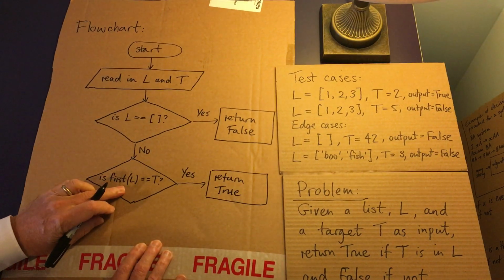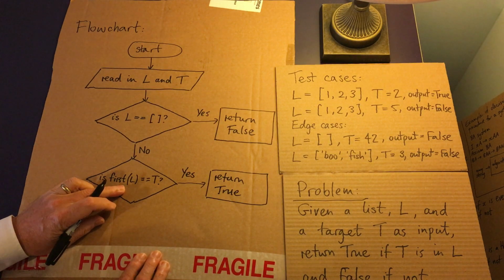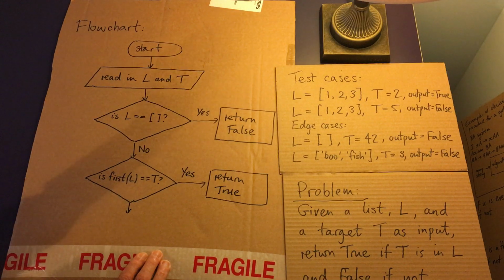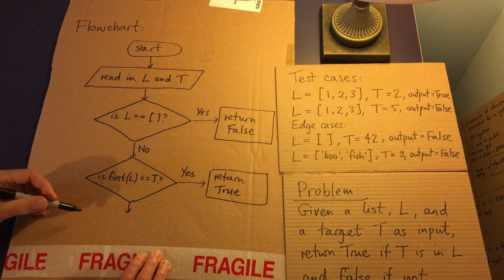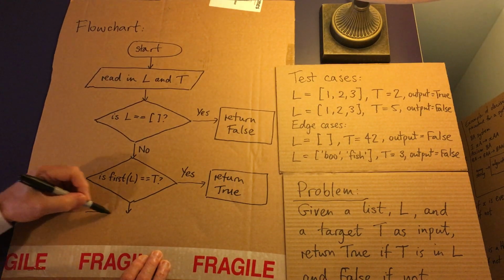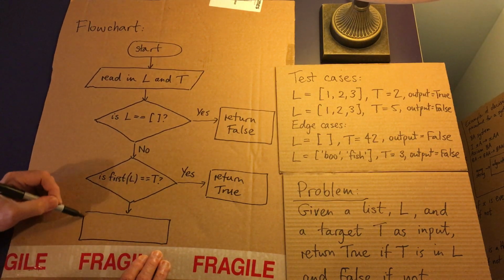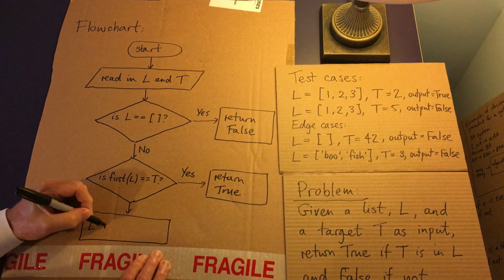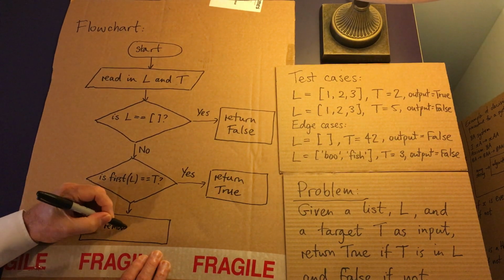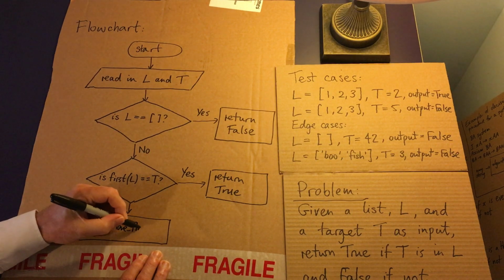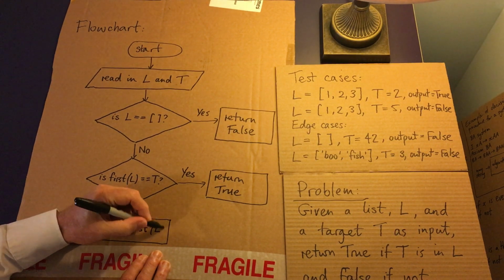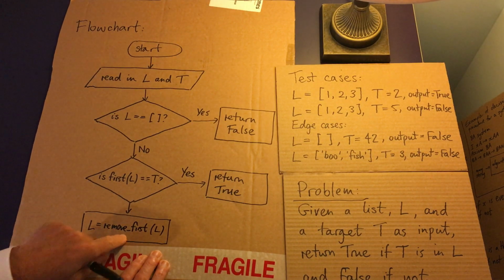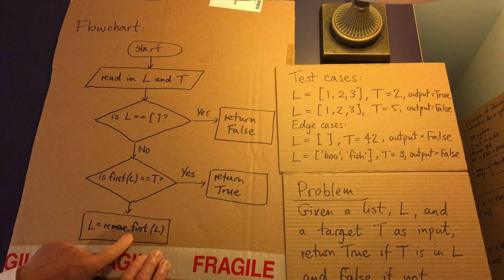But if the first element of L isn't T, well, what do I want to do? Basically, what I want to do is throw away the first element of L and then go around the loop again. So I now have a rectangular box, which means do something, and I say I'm going to let L equal remove first of L. So remove first of L, if you remember, takes a copy of L, removes the first element and then returns it.